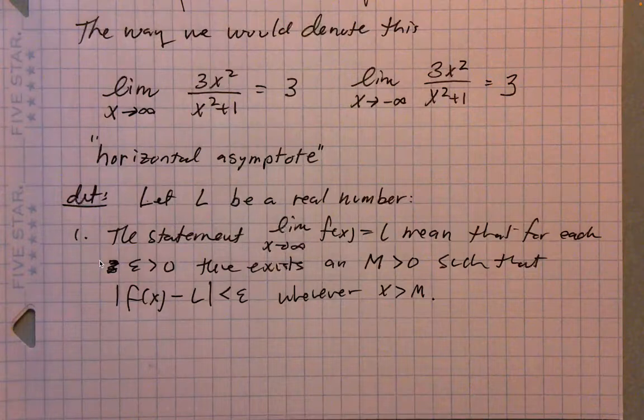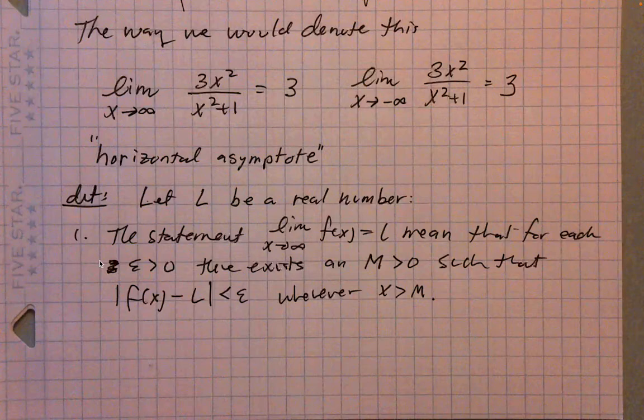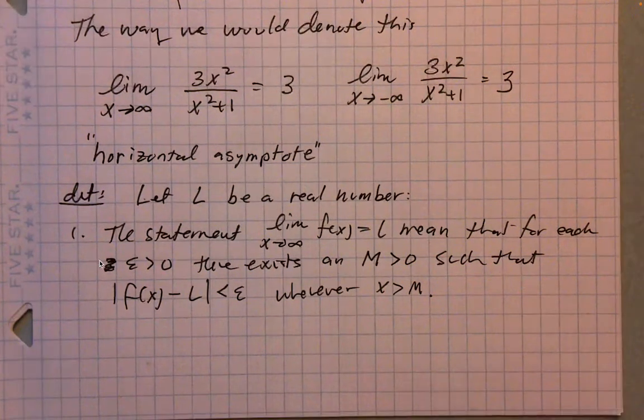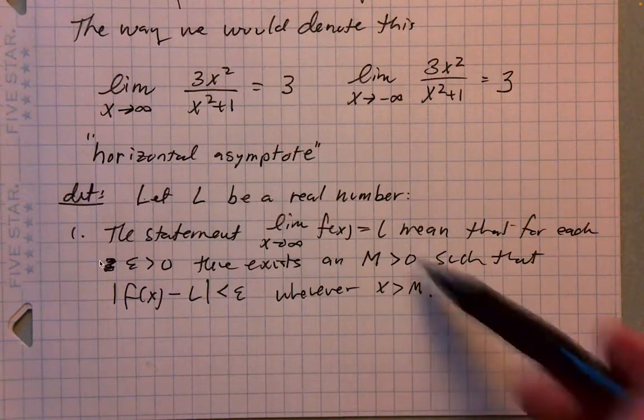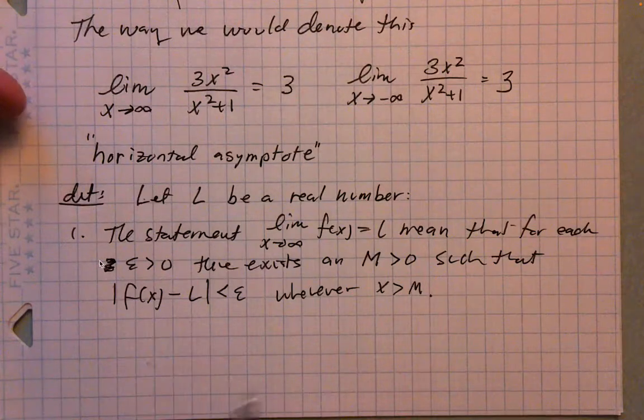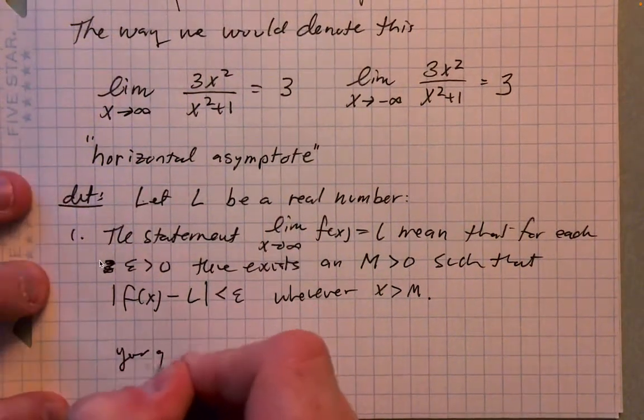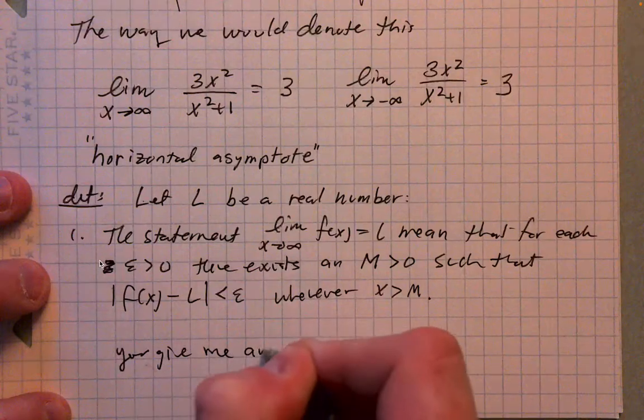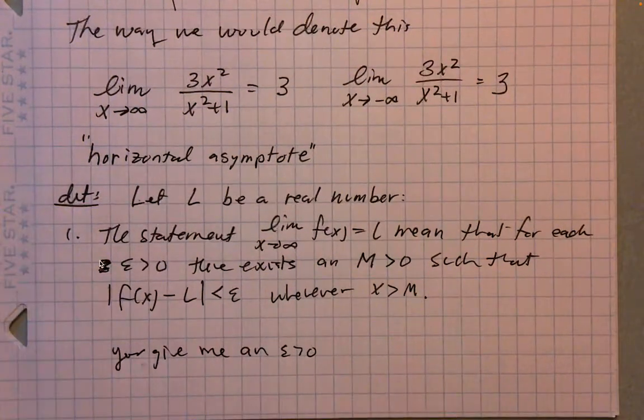Now typically people take m to be a natural number, so an integer. In this context m could be a real number, but it wouldn't make much sense in it being a real number. It's harder to work with. It'd be better if it were just an integer. But the idea here is that you give me an epsilon, right? So some tiny number, 0.00000, maybe 50 zeros in it or something.